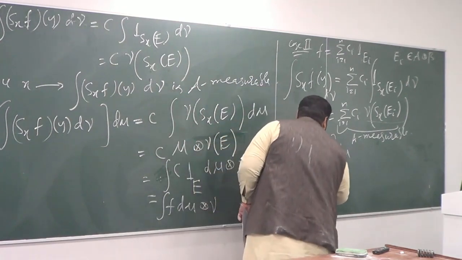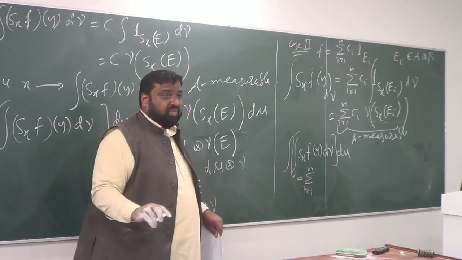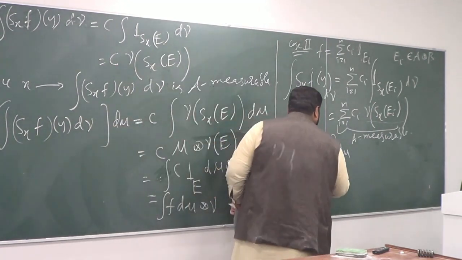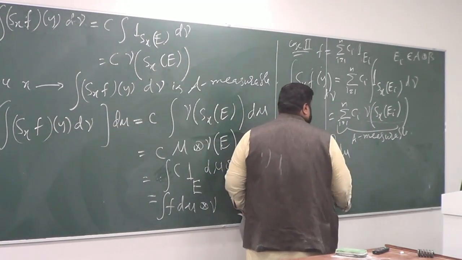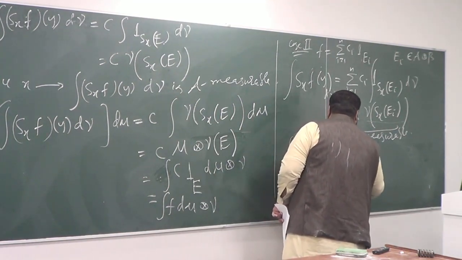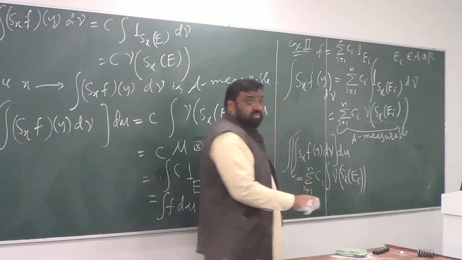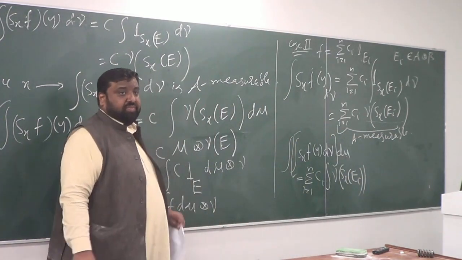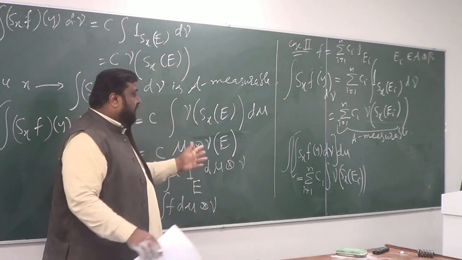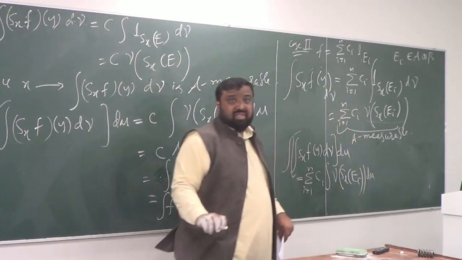You need to integrate sum i equal to 1 to n of c_i, the integral of nu of f_x of E_i, agreed? With respect to d mu.